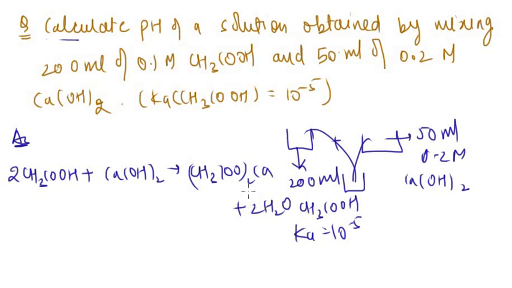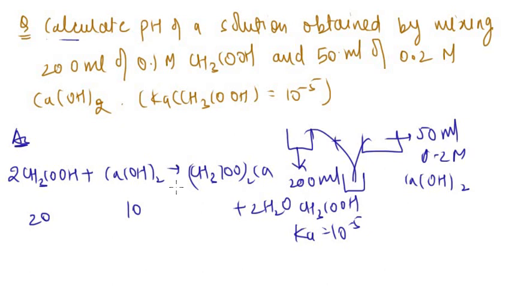Now 200 ml of 0.1 molar acetic acid is 20 millimole, and calcium hydroxide is 10 millimole.